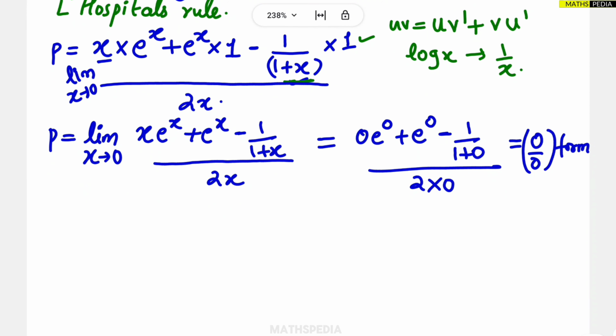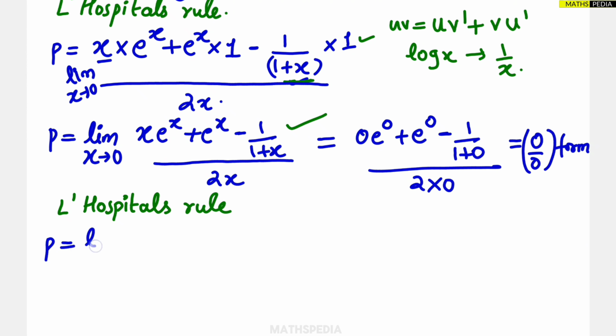Now the function has changed, and this function we have to differentiate. Again applying L'Hospital's rule, limit x tends to 0, the same uv rule: first function into differentiation of second plus second function into differentiation of first, then plus e power x.